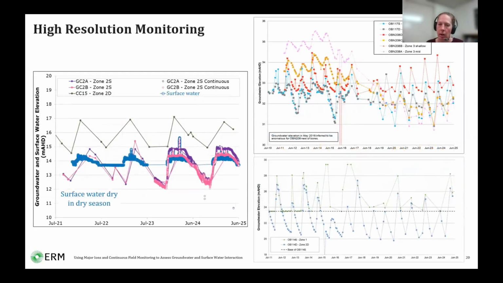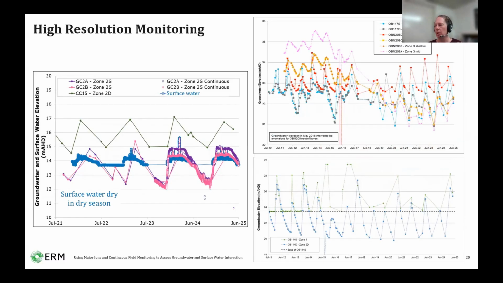The thing I want to highlight in this particular slide is the importance of the high resolution monitoring and what it means in terms of developing a greater understanding for a particular site. So the graph on the left shows manual groundwater level data being collected prior to 2022, and this is the pink and the purple that I'm referring to.